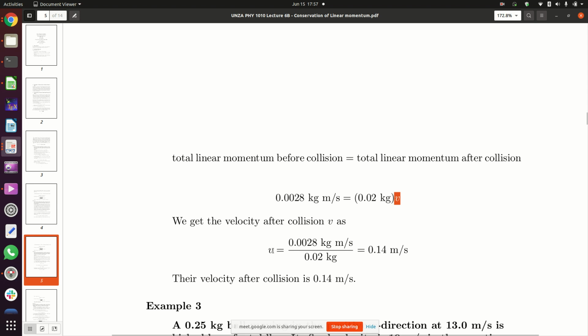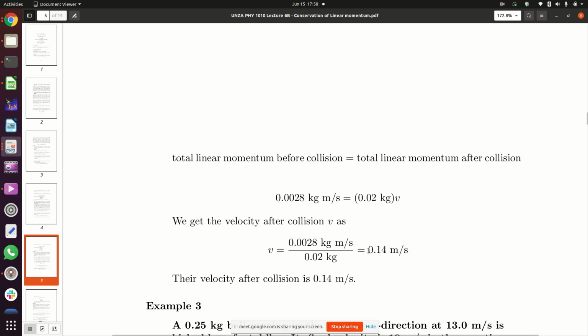So in this case, V is going to be equal to 0.0028 kg meters per second divided by 0.02 kg, and this gives us a velocity V which is equal to 0.14 meters per second. So the velocity after collision is 0.14 meters per second. This velocity, as you can see, is not negative.